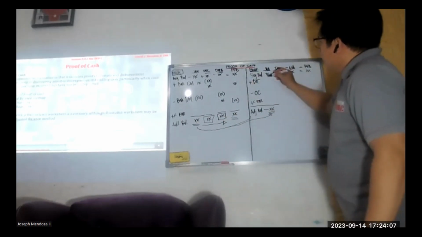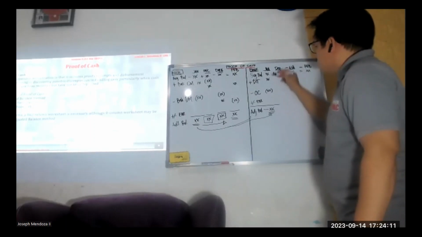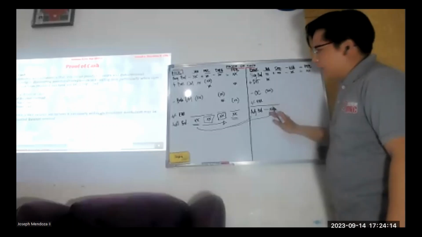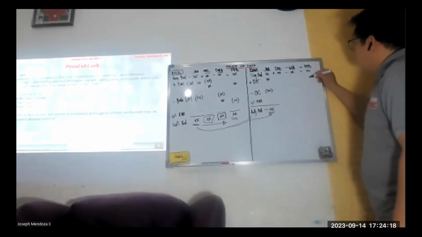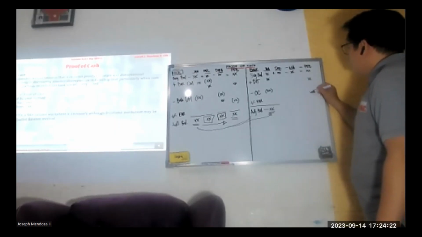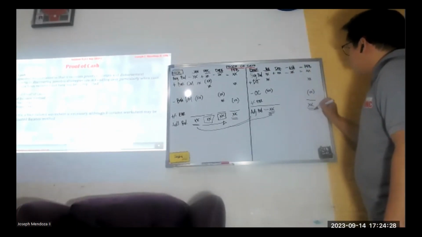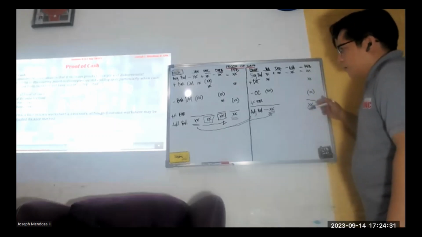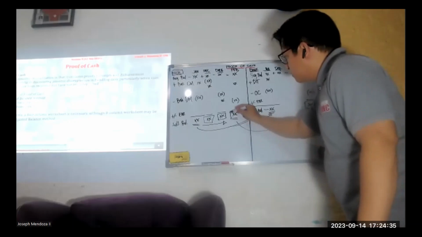Same way, deposit in transit is an addition, outstanding check is a reduction in order to arrive at the adjusted balance. Then, same way dito, kung meron kang deposit in transit towards the end of February, and then meron kang outstanding check towards the end of February, in order for you to arrive at the adjusted balance nung February, which supposed to be is also the same as this one.